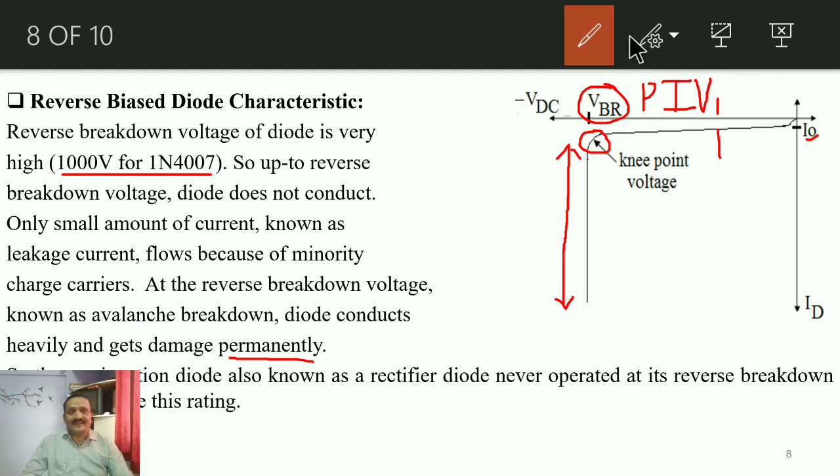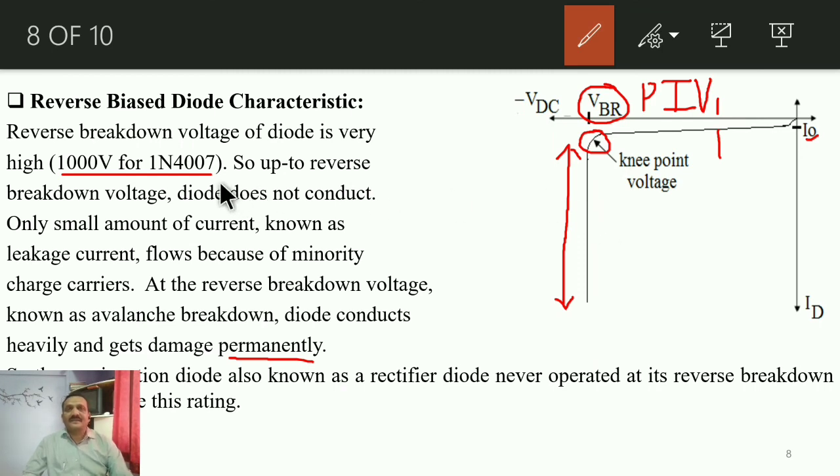Whenever you apply a reverse voltage across the diode, the reverse voltage should not equal its PIV or VBR. Otherwise, there is a chance of damage to the device. The device will surely get damaged. But as I already told, that value is generally very high, so no need to worry that much about VBR.